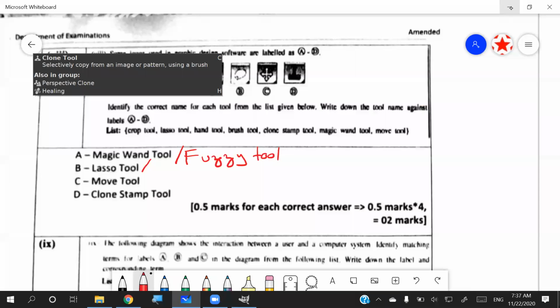So what I need you to do is just go through the GIMP stuff, right? And move tool is move tool always. Clone stamp tool is called the clone tool.